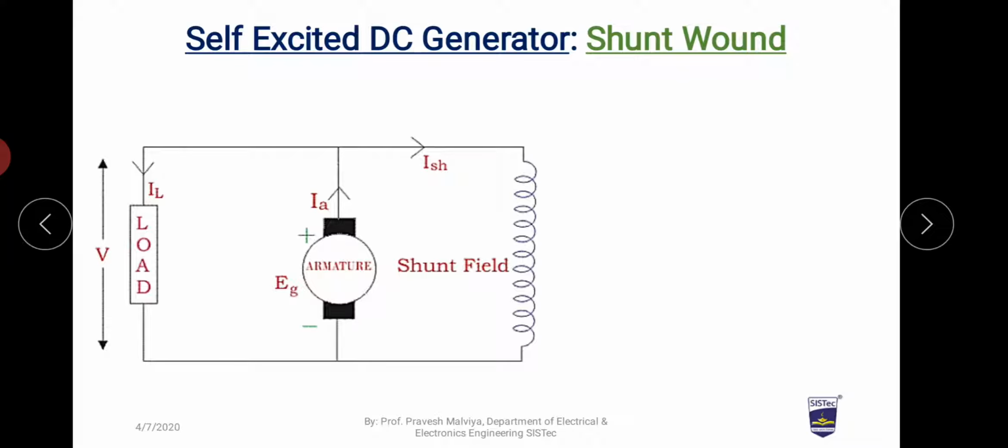If we look at this circuit, the source in this entire circuit is the armature circuit. This armature circuit will feed the load as well as the field circuit. So the armature current gets divided into the load current and the field current.